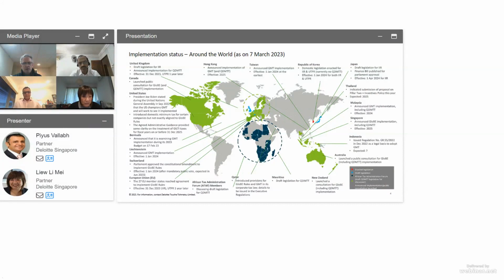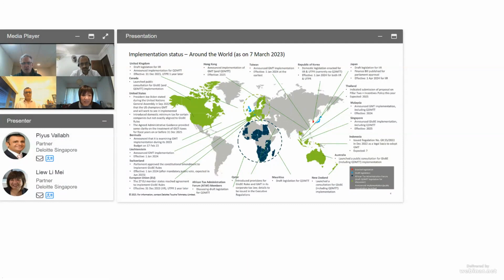Now, the effective tax rate, or ETR, will be calculated on a jurisdiction by jurisdiction basis. And when the ETR, which is calculated based on the GloBE rules, in a jurisdiction is less than 15%, then the MNE would be required to top it up to 15%, right?